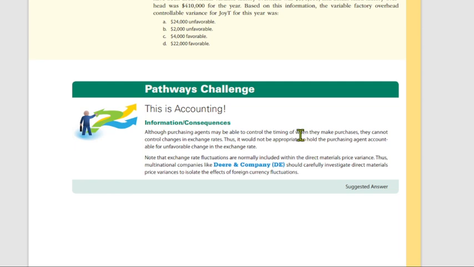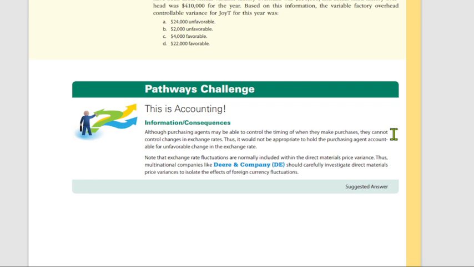Although purchasing agents may be able to control the timing when they make purchases. Kasi 'di ba, the purchasing agents are responsible for their purchases. Kung kailan nila bibilin, it is their responsibility. Yung control, kung kailan nila bibilin yung items. However, they cannot control changes in exchange rates.